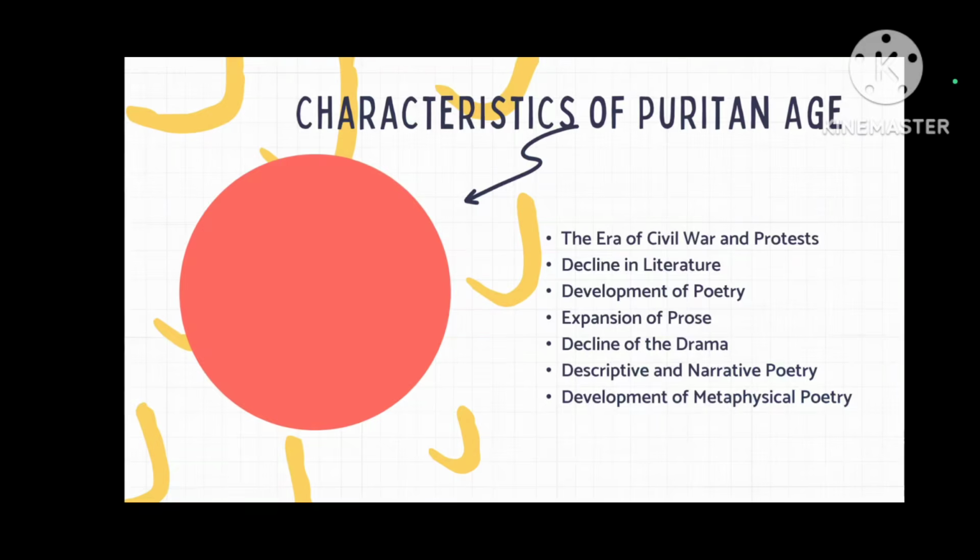So this was an introductory video, and the features of the Puritan age go as such: the era of civil war and protest, decline in literature, development of poetry, expansion of prose, decline of the drama, descriptive and narrative poetry, development of metaphysical poetry. So in the next video we will discuss all these characteristics in detail.